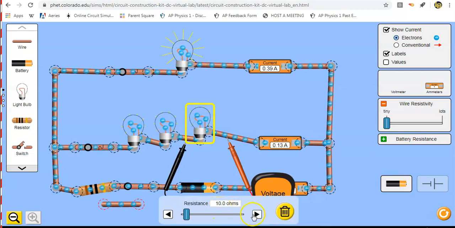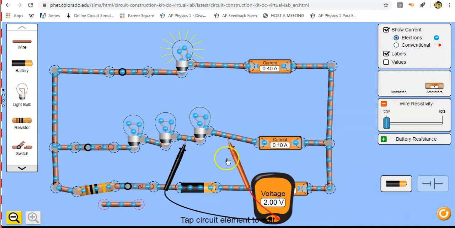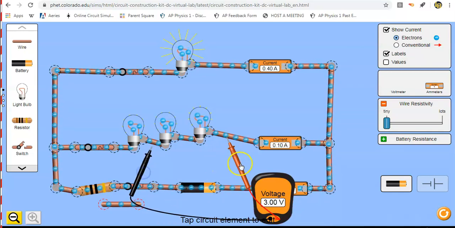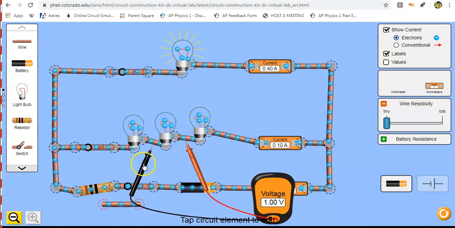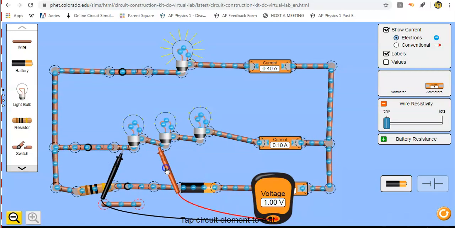If I were to, we're going back to series. If I were to change the resistance, let's make this one, what were they, 10? Let's make it 20. This one is now going to have 2 volts, where this one has 1 volt, and this one has 1 volt. So in series, the resistors do not have to have the same voltage.